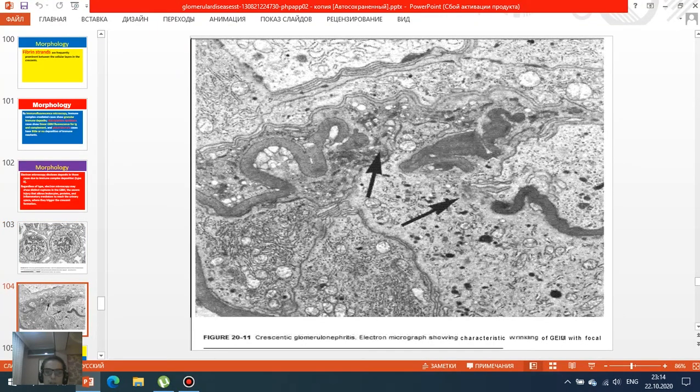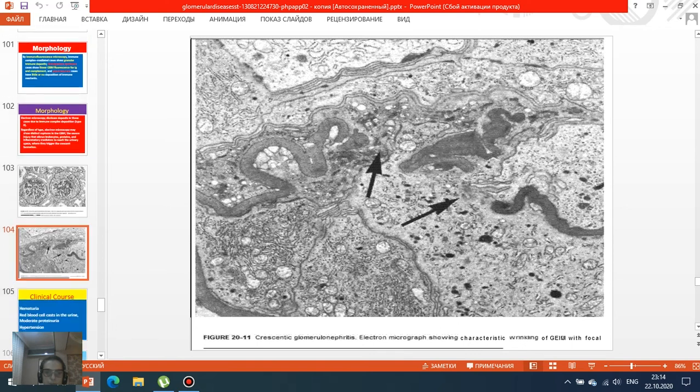This is crescentic glomerulonephritis. Its electron microscopy shows characteristic ringing of leukocytes with focal changes. This and this.